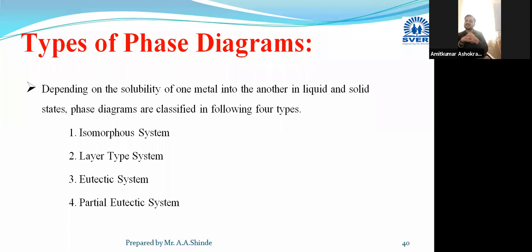For that, the lever rule principle is used. If you are able to understand these equilibrium diagrams clearly, it is very simple to apply the lever rule also. Now one by one we will discuss it. You have to start with the diagram of that phase. First you have to draw the respective phase diagram.